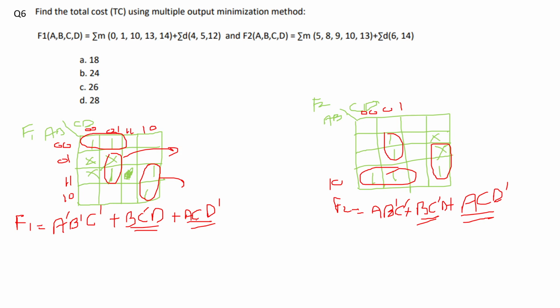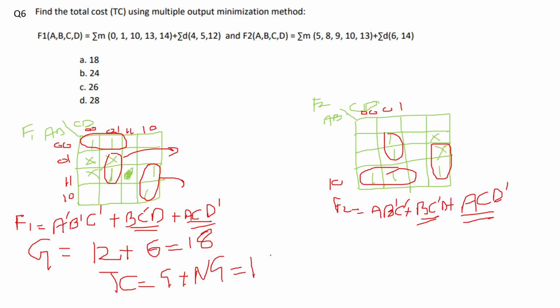Now let's just find the gate cost first, that is g. So let's just count the number of literals: 1 2 3 4 5 6 7 8 9 10 11 12. So 12 literals plus number of terms, 6 terms. So g is equal to 18, and total cost will be g plus number of gates.